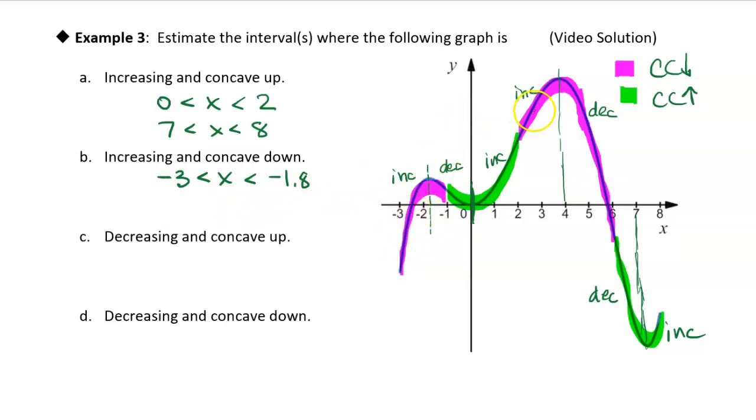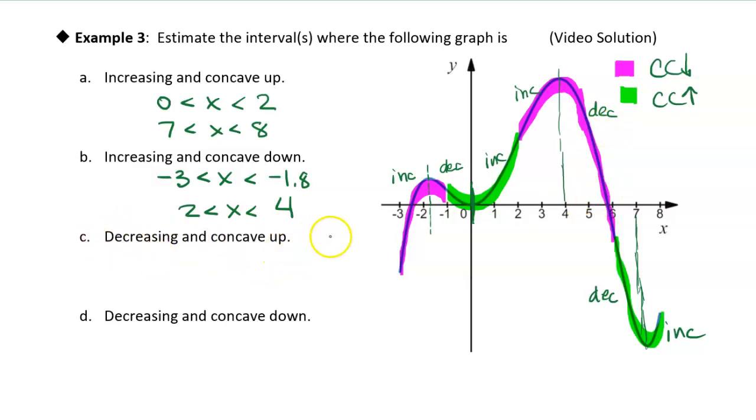Let's look at another. We see another one from about 2 to 4. It's also increasing and concave down. The only other piece that's concave down is here, but it's decreasing.